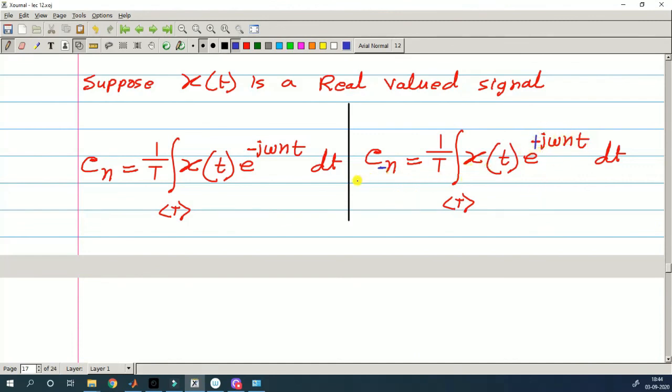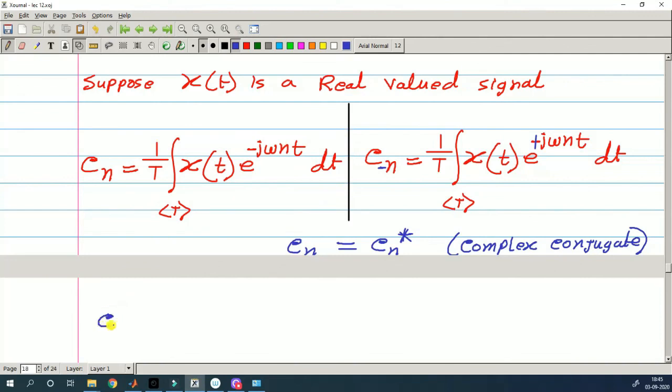Now you see that Cn is equal to Cn star, complex conjugate. Why? Because x is a real number, t is a real number. This is the only complex part in this integration.